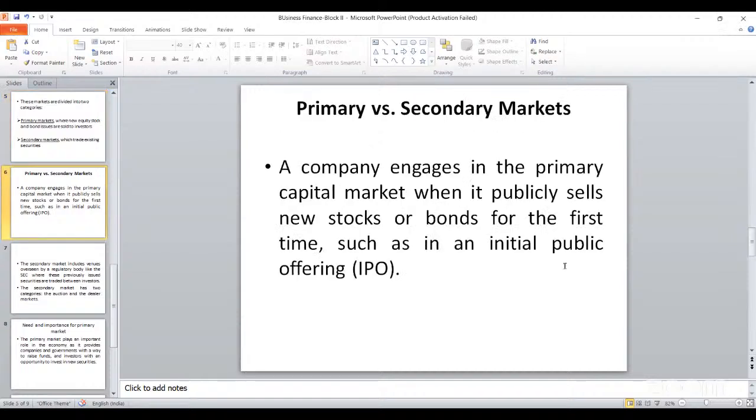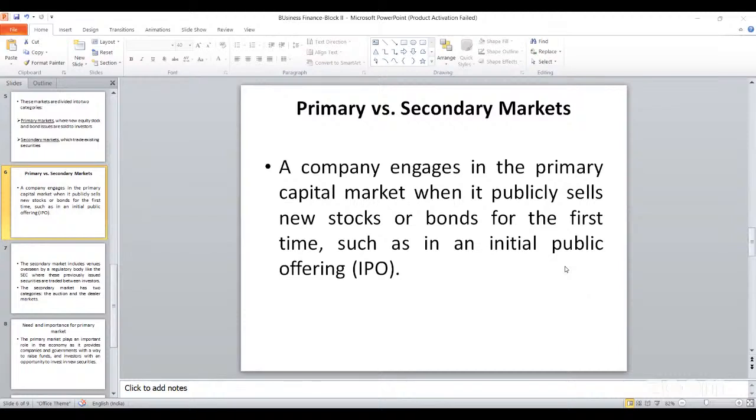Now, coming towards your primary and secondary market. The primary market is where a company publicly sells new stock or bonds for the first time, which you refer to as an initial public offering.